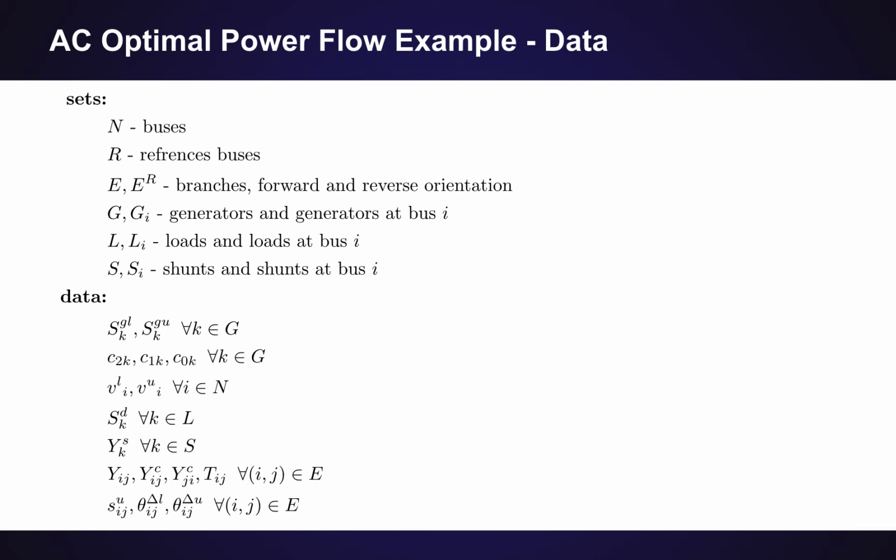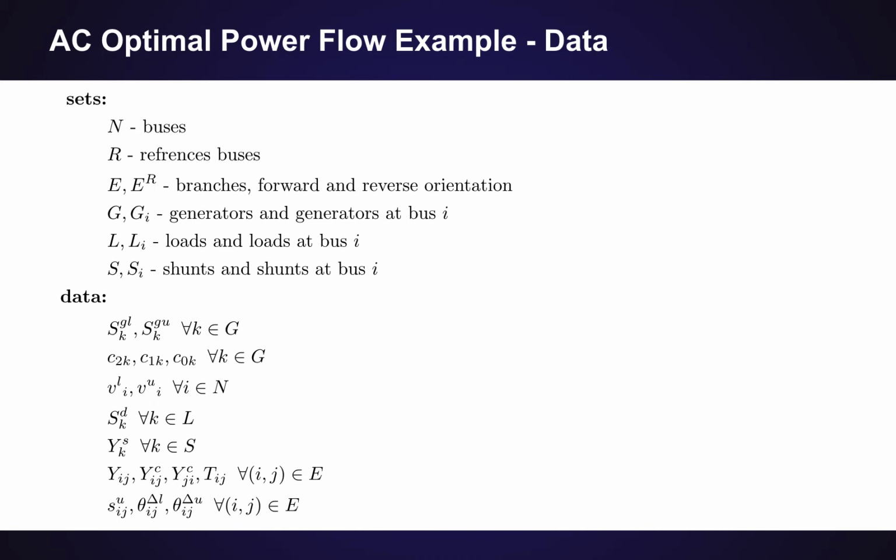You have a set of buses, you have a collection of reference buses just in case there are multiple independent components in the network. You've got your branches, both forward and reverse directions, generators and the subset of generators that occur at each bus, loads and the subset of loads that occur at each bus, and shunts and the subset of shunts that occur at each bus.